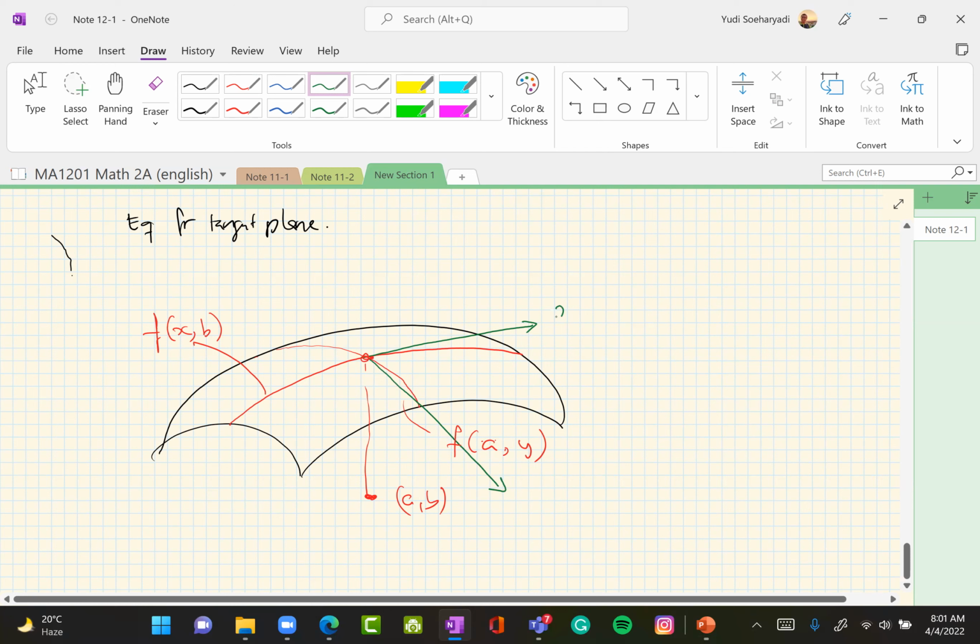So we can compute this one. So this is the df dx at y equals b. This is the slope of the tangent of f x comma b.